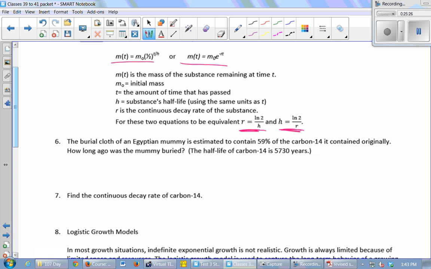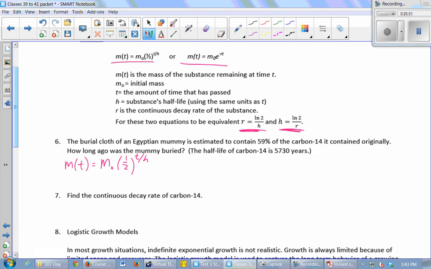And as organic matter ages, some of that carbon-14 decays. And we know that the half-life of carbon-14 is 5,730 years. So if they gave me half-life, I'm going to use this model. M of T is M0 times 1/2 to the T over H.